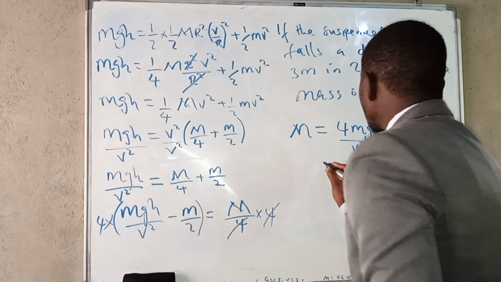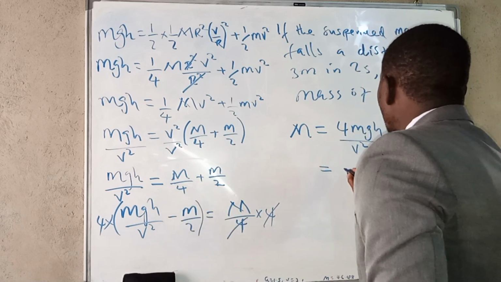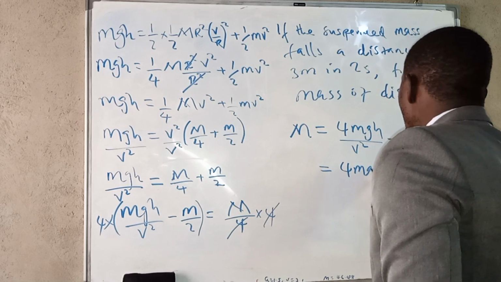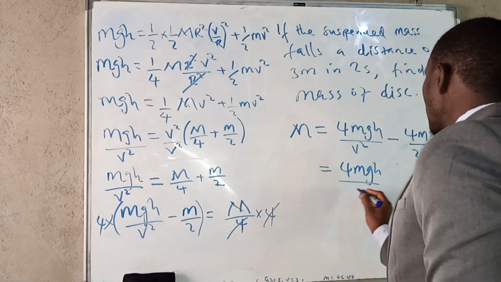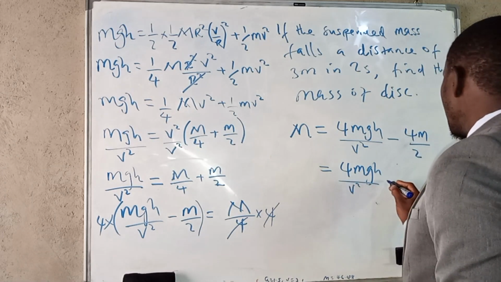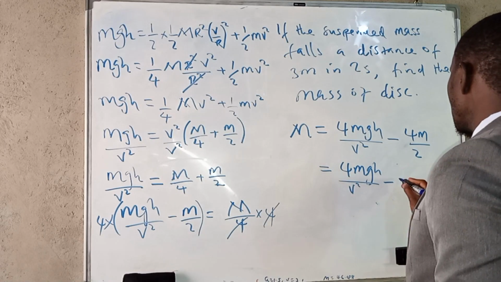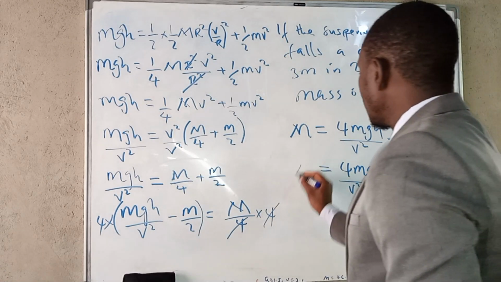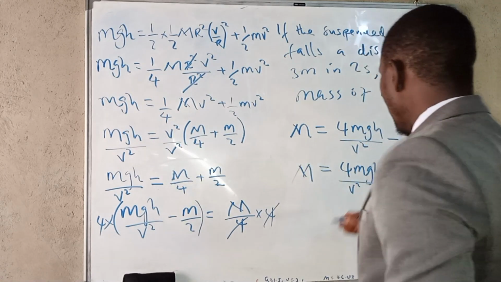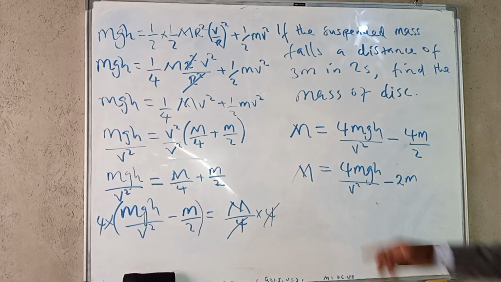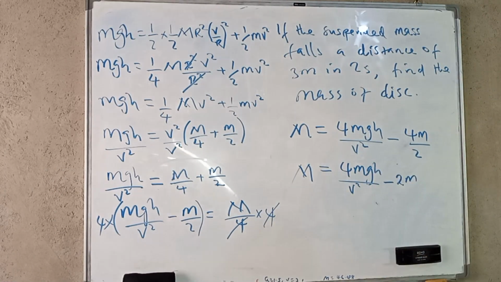So here we are going to have M equals 4 mgh over v squared minus 2m. This is the small m, and we have the value for m, which is 4.2.